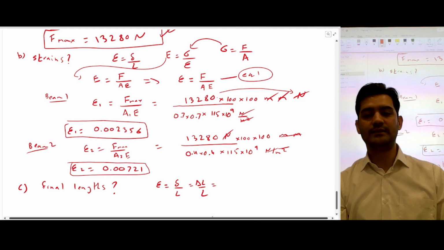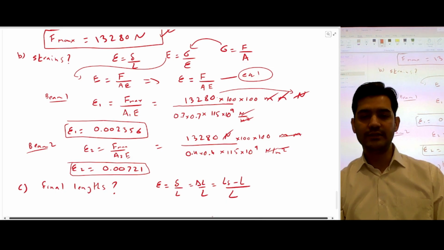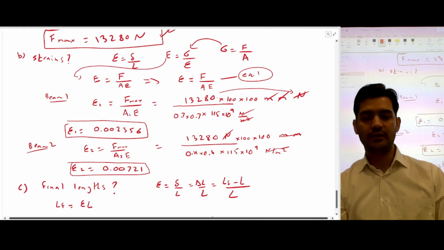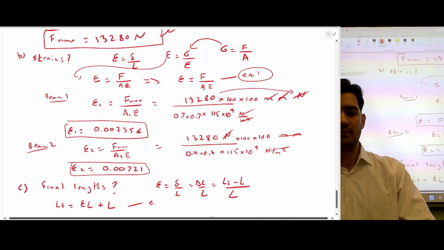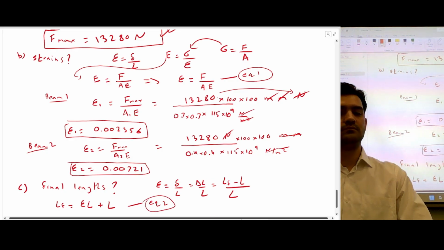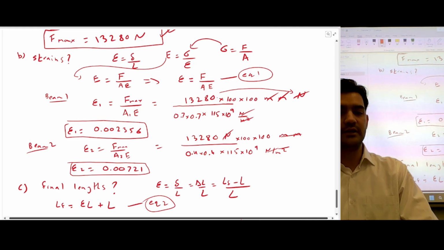And change in length is final length minus original length. If you rearrange all this, you can get the formula for final length, which would be equal to strain into original length plus original length. So we are interested in calculating this final length.